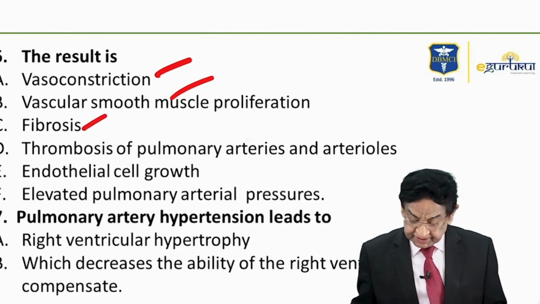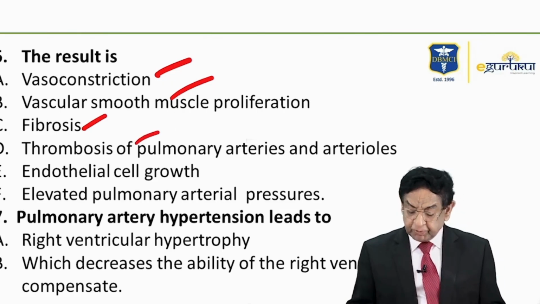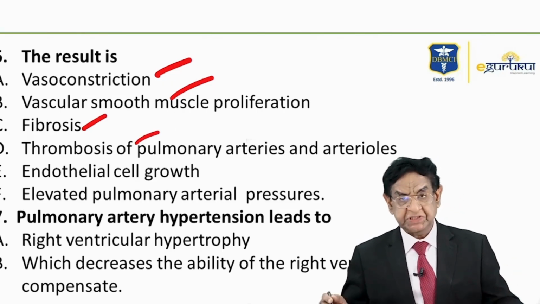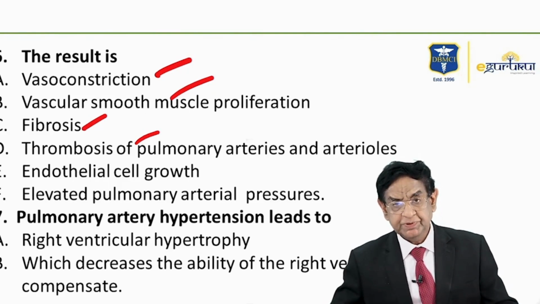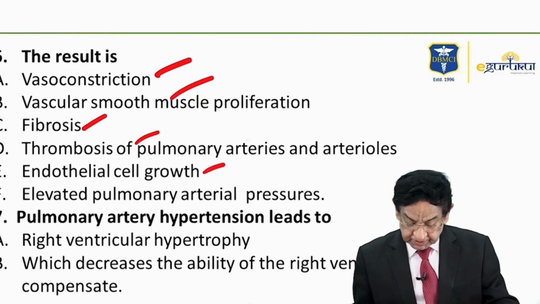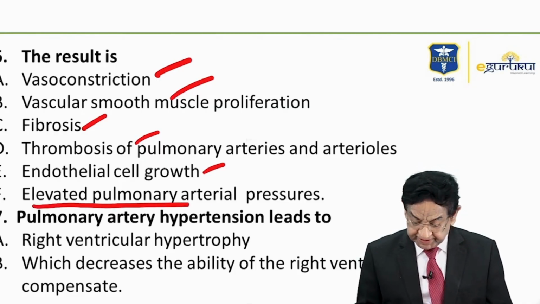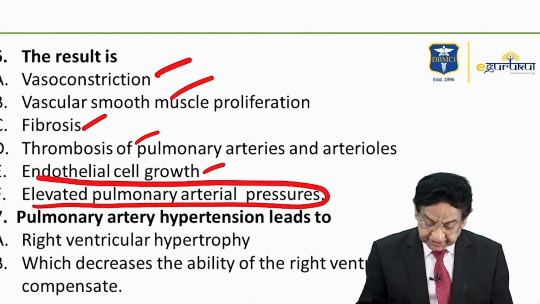Fibrosis can be there. There can be thrombosis of pulmonary artery or arteriole. They can all lead to endothelial cell growth. So ultimately, the net result will be elevated pulmonary arterial pressure.